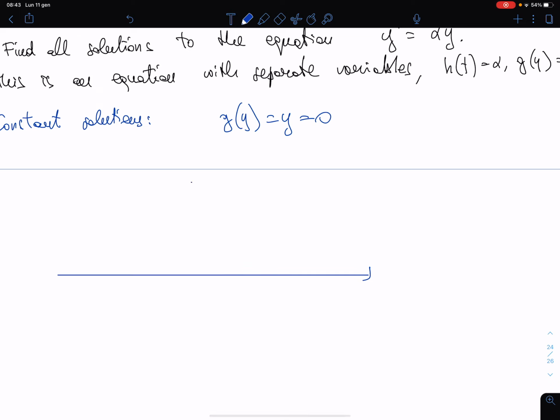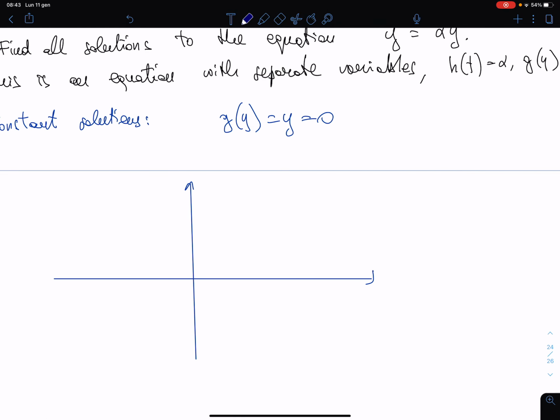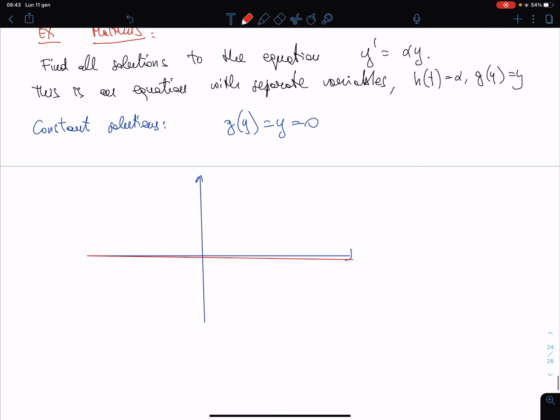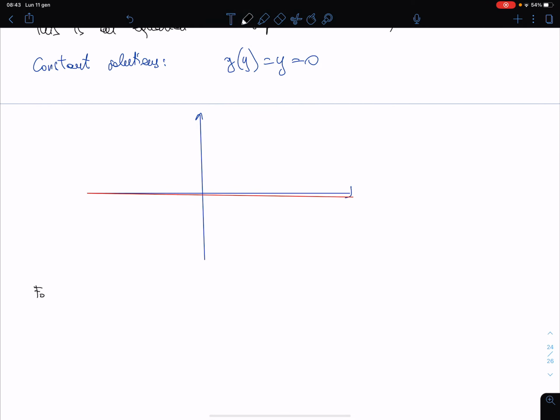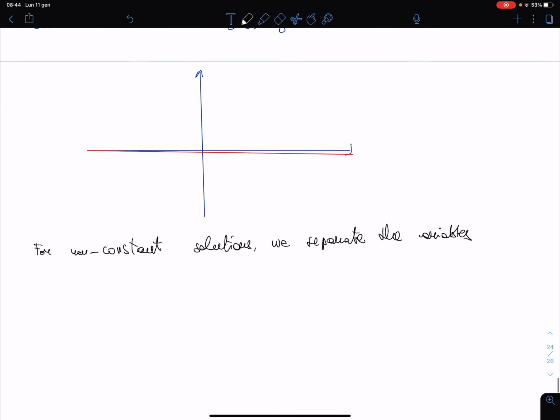We already know this has to be made trivial, and then for non-constant solutions we separate the variables.